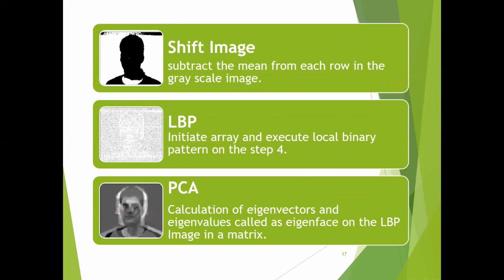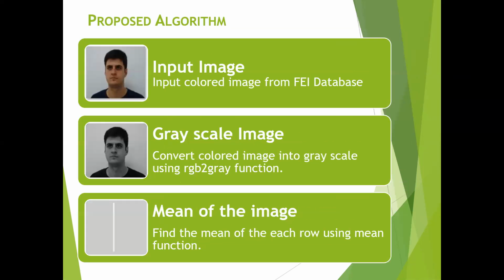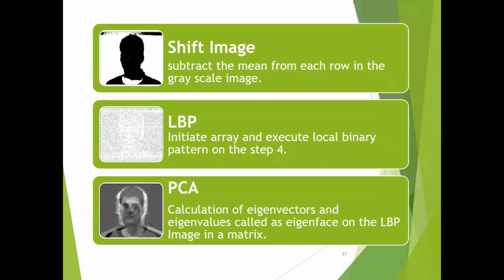Now the shift image. Shift image means subtracting the mean from each row. So we minus the third step from the second step, that is, x minus x bar. We find the grayscale image, then calculate the mean. After the mean, we use the shift image: we subtract the mean from each row of the grayscale image.